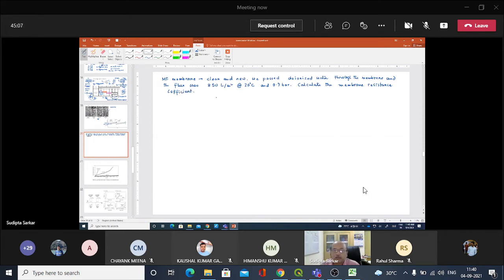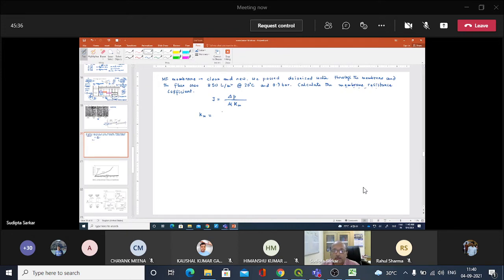Fine. So we know this formula, J equals delta P divided by mu into Km. We will plug in the values and try to find out. We want to find the value of Km, the resistance coefficient.